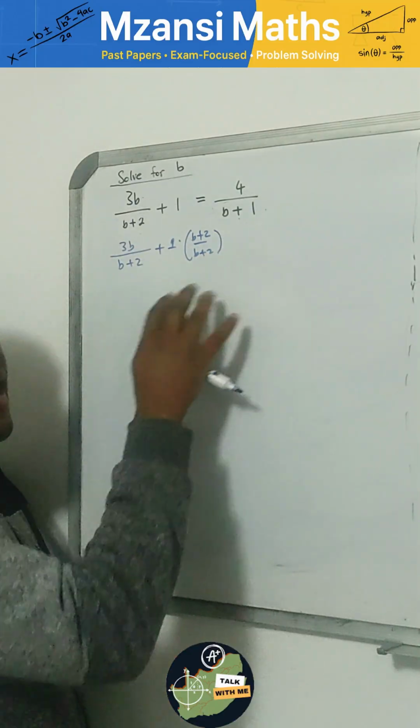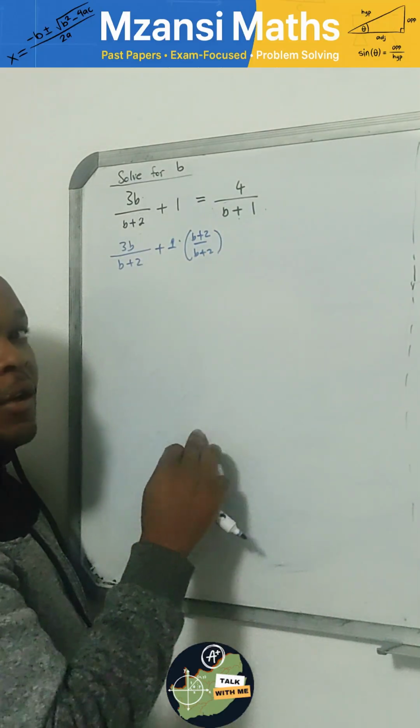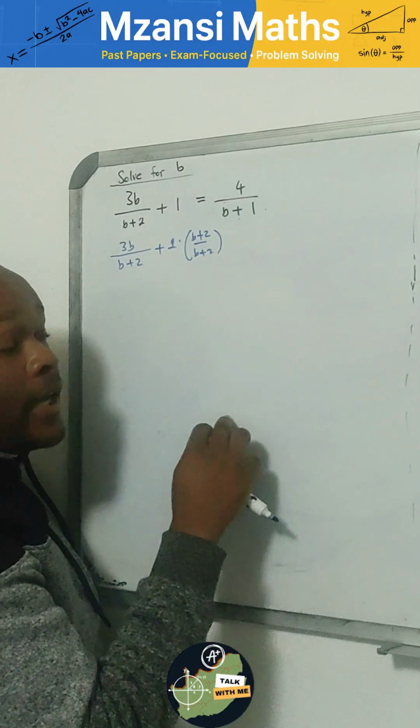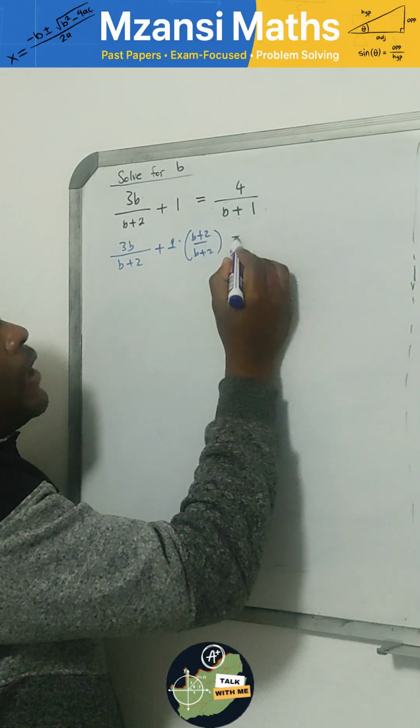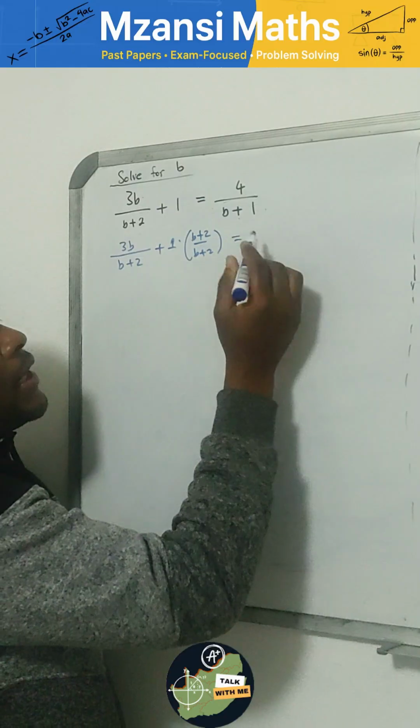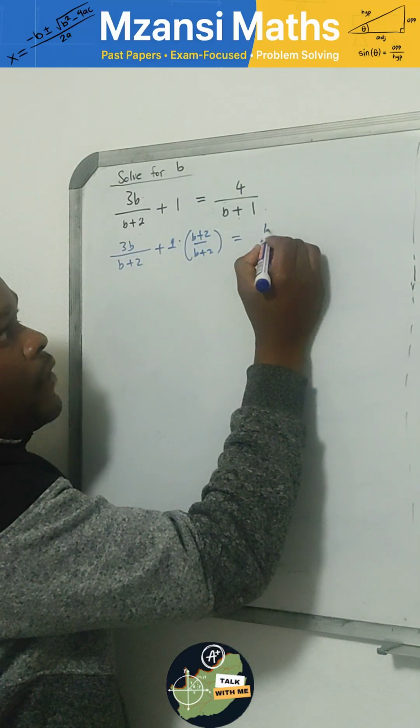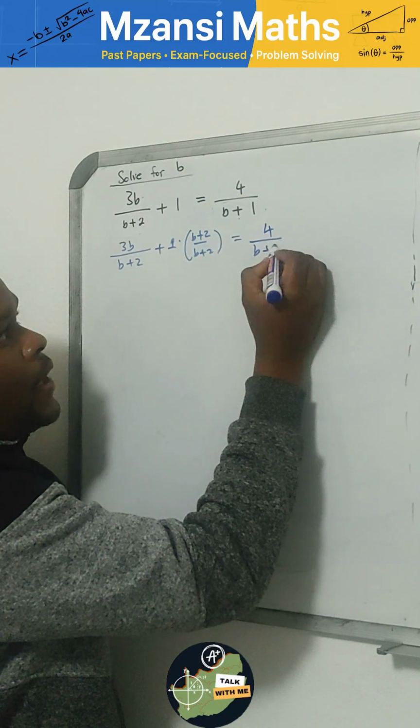This is my way of trying to find the lowest common denominator, the LCD, right? And then the right hand side, I'll just continue as it is. I'll say 4 over b plus 1, right?